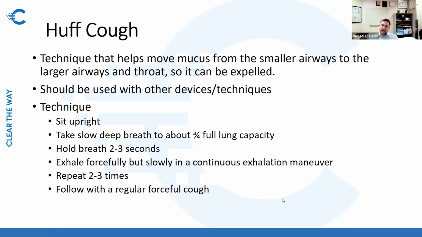And then you exhale in an explosive manner, but not a short manner. So you don't just do it and be done. You want to do this explosive exhalation and keep it going as long as you can. And that both helps with the explosion to help get those secretions loose, but also by continuing to blow it out, you carry them from the lower airways up to the bigger airways and out. And you typically repeat this a few times.